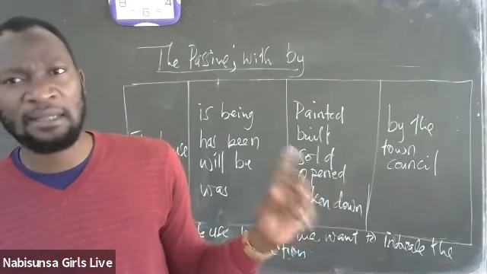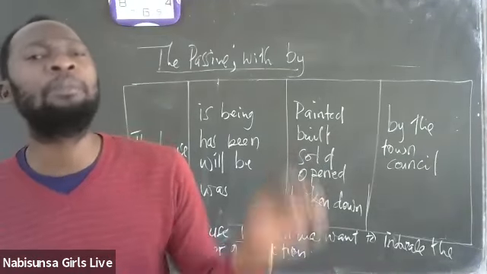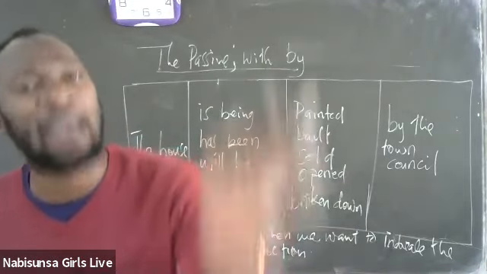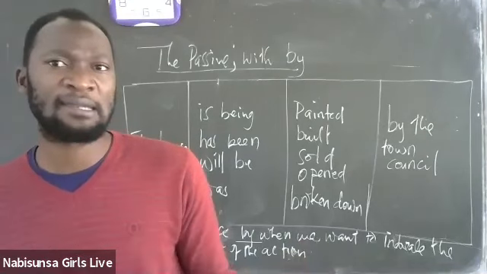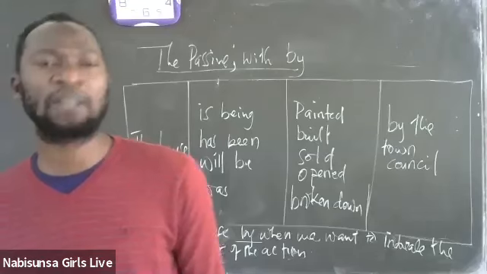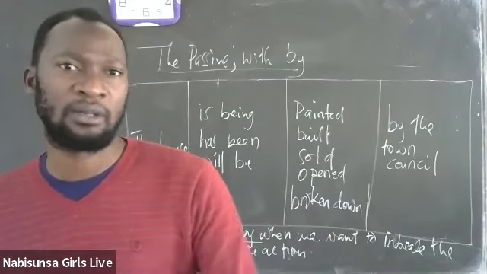Look at that table there, where we have, they are sweeping the room now. The room is being swept by Sarah now. I think that one makes sense. Yes. Yeah, that's what I was trying to bring out.